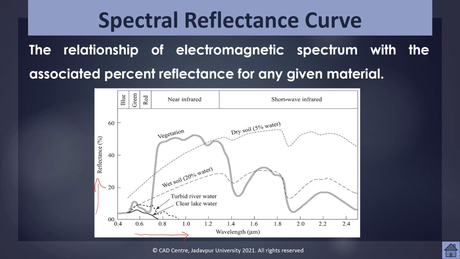For different earth surface materials, the reflectance is different at different wavelengths. If we consider a specific wavelength, for example 1.2, the reflectance is different for different earth surface materials. And if we consider a specific material, for example vegetation, it has different percent reflectances for different wavelengths.